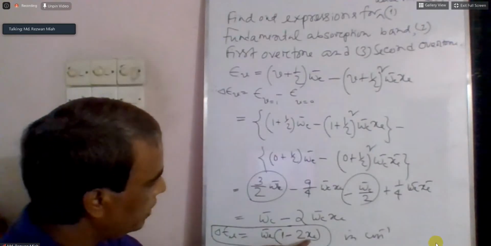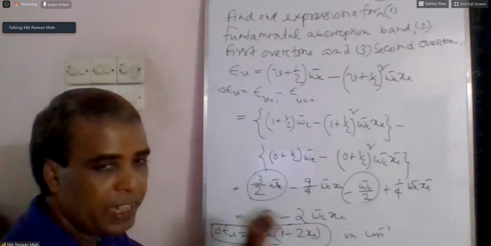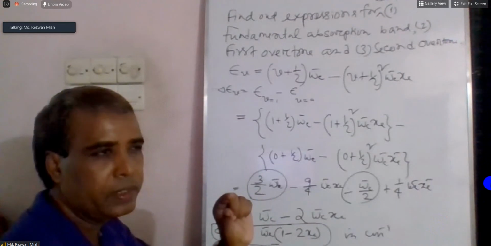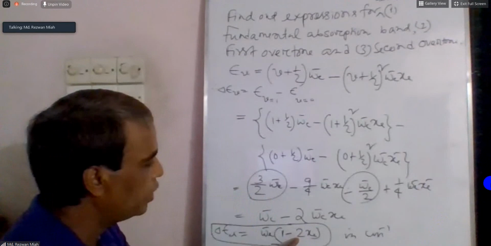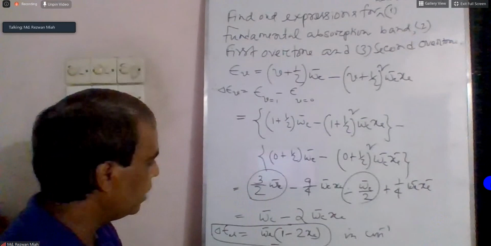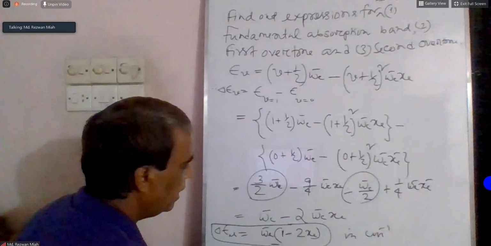In 1 minus 2x, x is very low, that is 0.01, so 1 minus 0.02 means close to 1. That's why we can consider the fundamental absorption band appears at approximately omega e bar.